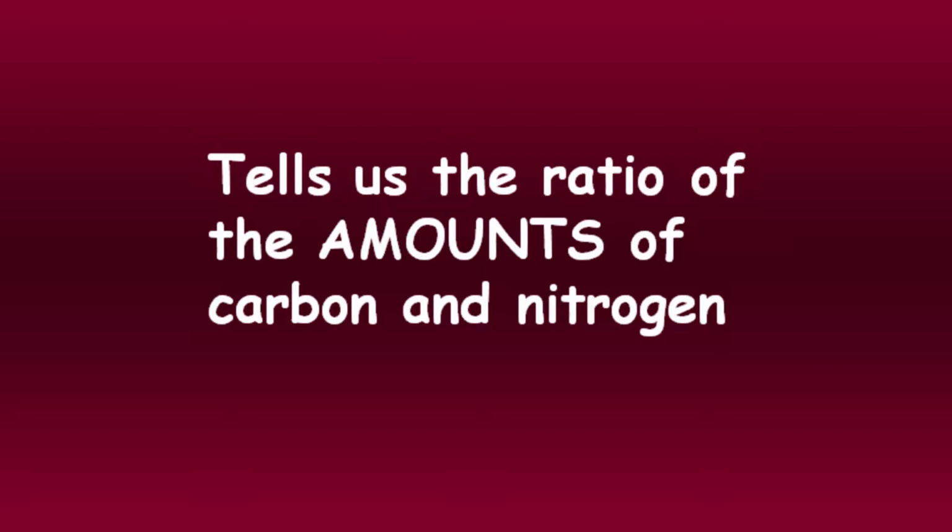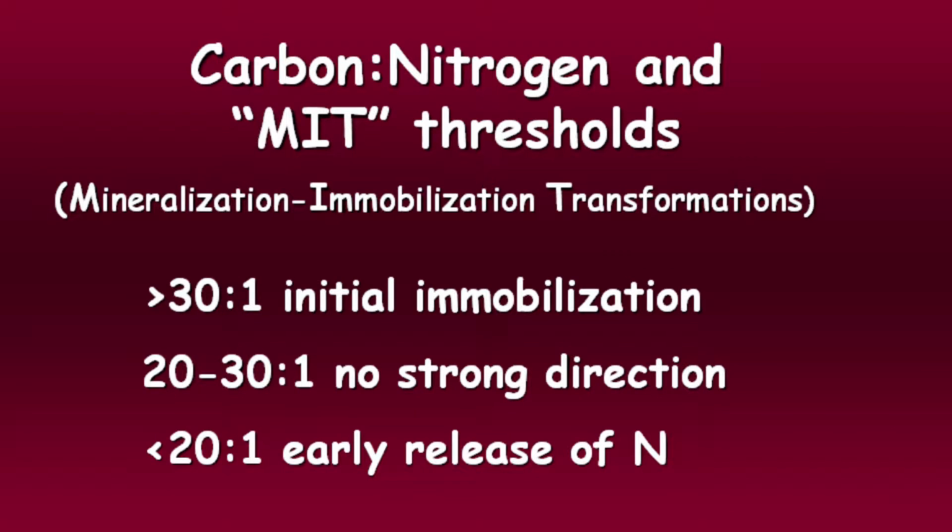But carbon to nitrogen ratio is a concept that tells us the relative amounts of carbon present in an organic material compared to the amount of nitrogen in that material. It says nothing at all about how quickly it's broken down. It only tells us the amounts of each of those.